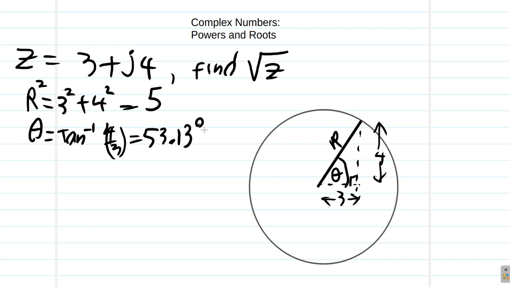Remember, we're working in degrees here, but you could very well have a question that asks you to work it out in radians. But let's work in degrees for now.